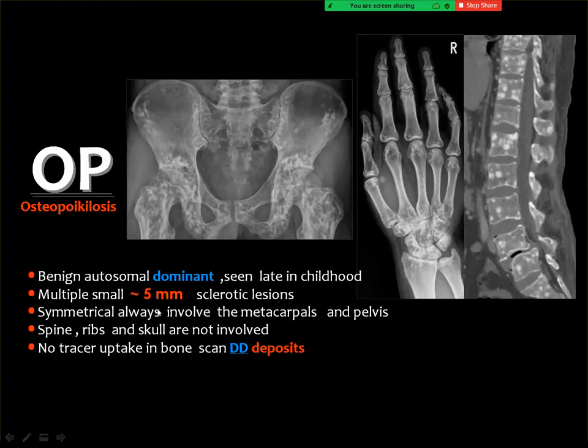You got multiple small sclerotic lesions in the range of 5 millimeters in diameter, and they do not show significant uptake in bone scan, and this can easily differentiate these findings from metastatic lesions. Also, whenever you see lesions peripherally located in the fingers and in the phalanges, you know that metastases are very rare beyond the elbow and beyond the knee.